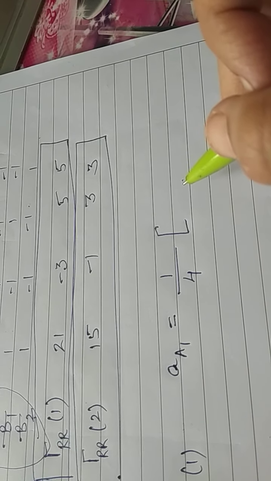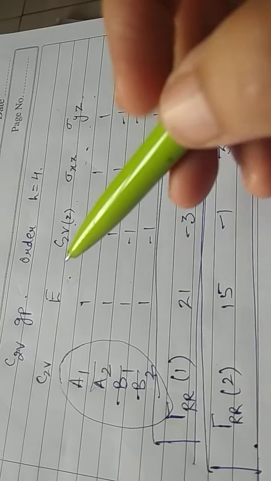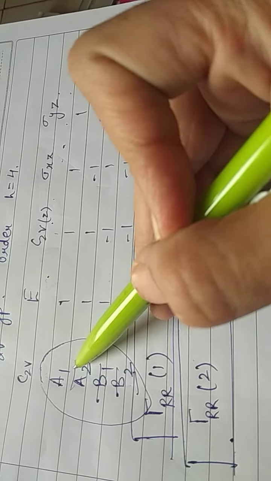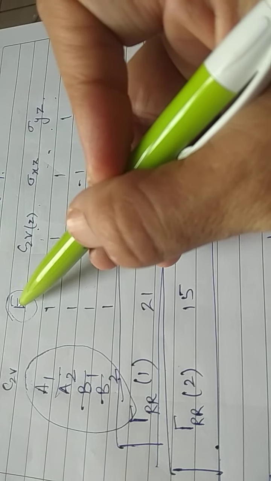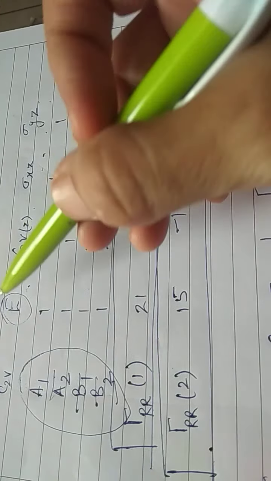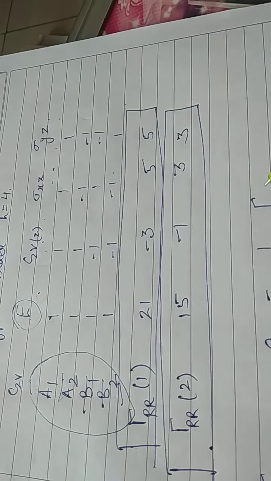How many operations are there for E, the first operation? Only one E is there, with no other coefficient in front of it, so it is only 1.